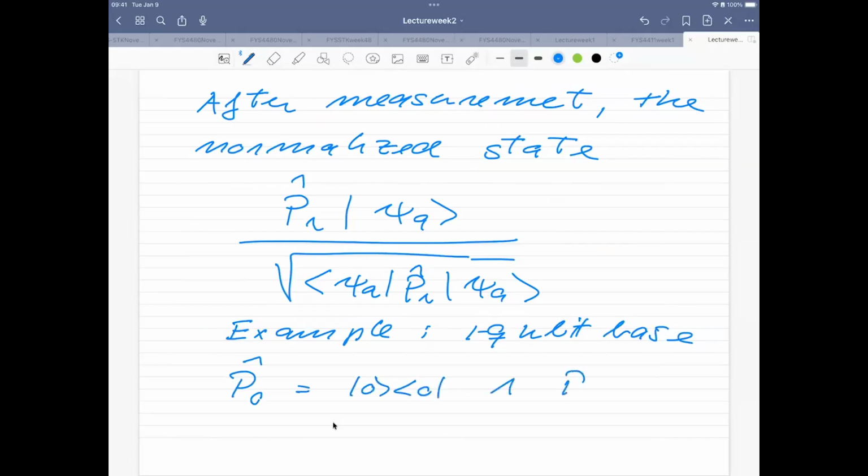Then we have these operators, P1 and P0. And now we perform a measurement on a specific state. So let's do that. You will also see that if I sum up the P of I's, you see that this sums to 1. It shouldn't be that difficult to show that. And now we are picking a state, which I'm going to call psi, which is a linear combination of 0 and 1.